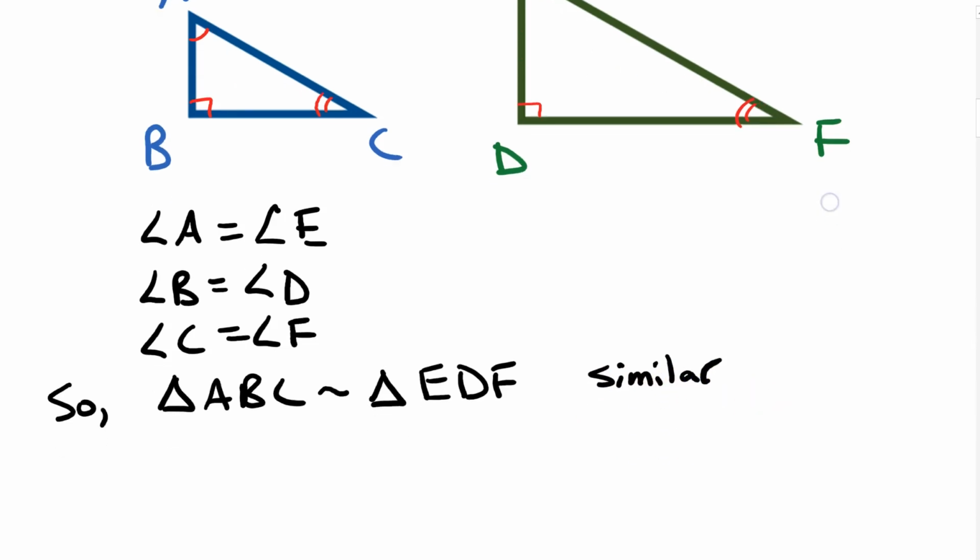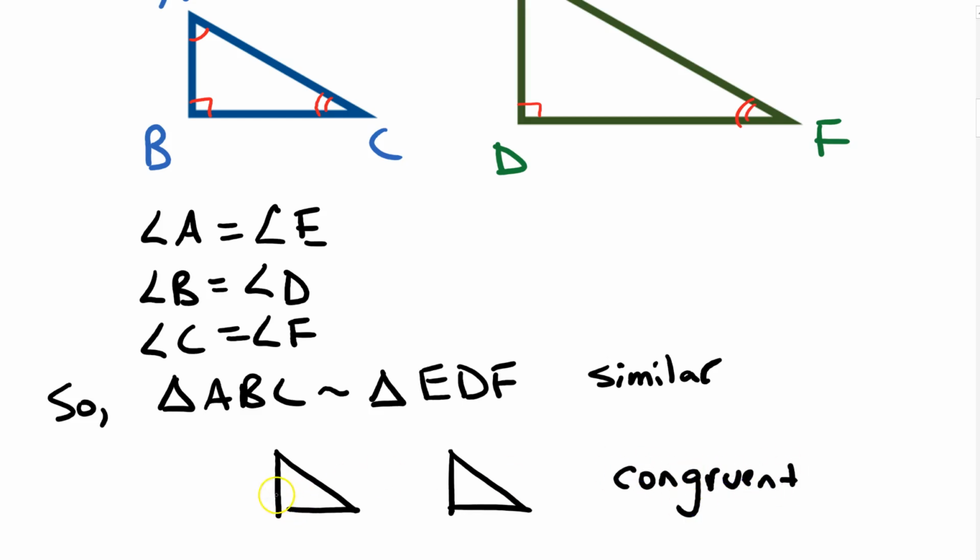Okay, I'm also going to mention if they were exactly the same, like if I had this one, and they were the same angles and the same size, then I could say congruent. Congruent would be not just the angles, but also the sides.